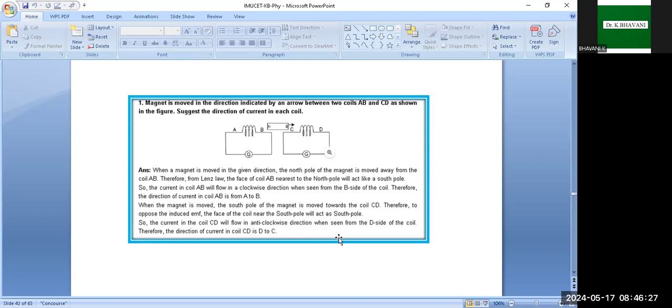Here, the direction of the current in each coil is anti-clockwise, as seen from the side of the coil facing the magnet. So it is the anti-clockwise direction. Therefore, this is the direction of current in the coil.